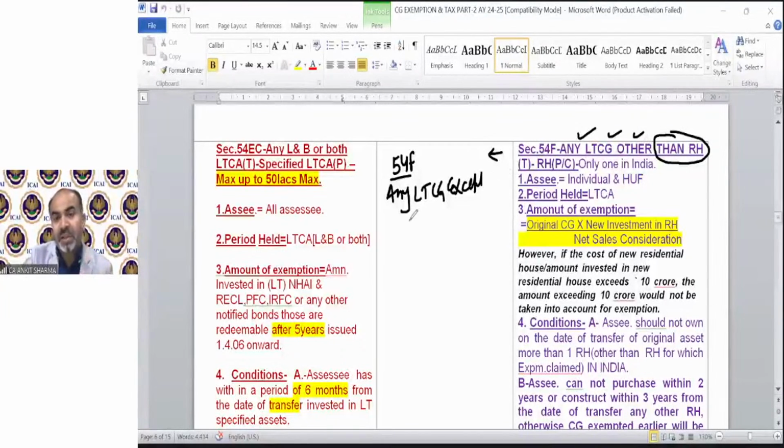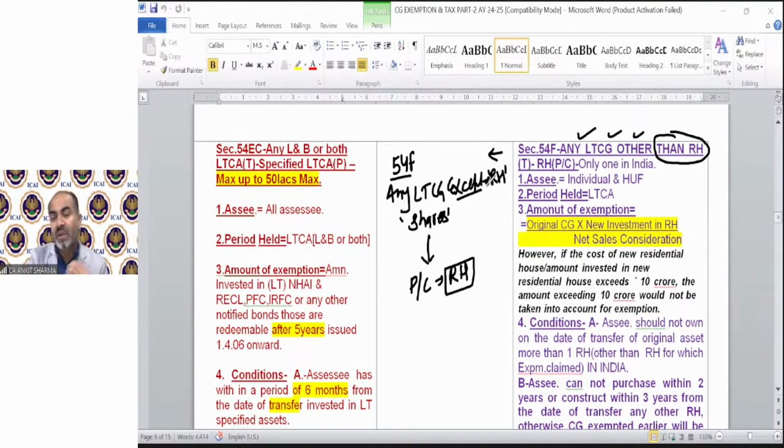Fine. So that means if I have a long-term capital gain regarding shares, that can be eligible. And what I need to do is purchase or construct a new residential house. So you can see why residential house has been excluded from the transfer condition.